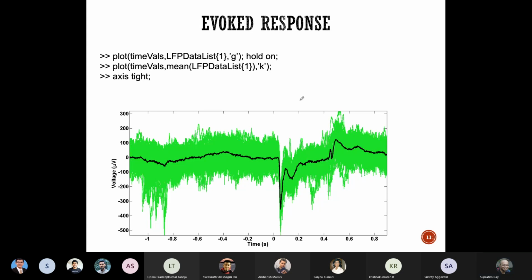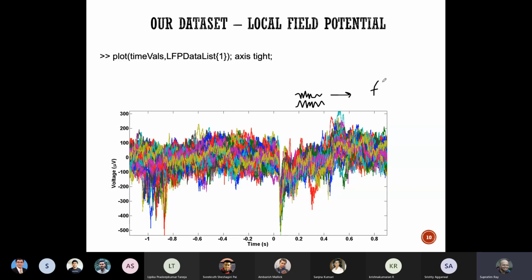And if you had just looked at the FFT of this signal and averaged those FFTs, you wouldn't have seen it either because FFT is linear. So the average of the FFTs of a signal is the same as the FFT of the average of the signal, which doesn't have this component.